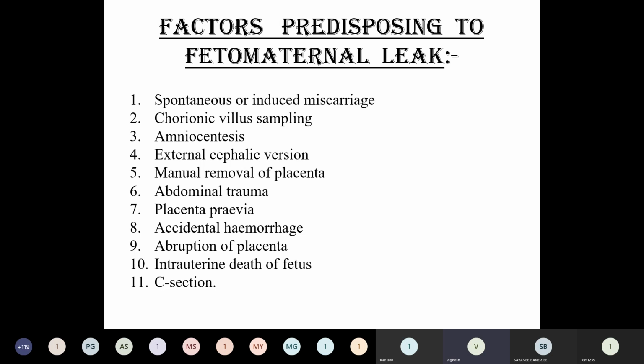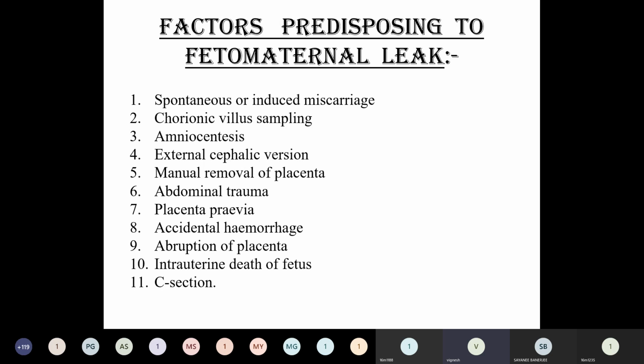In the first trimester, it could be a spontaneous or an induced miscarriage, or a chorionic villus biopsy or sampling, which is done in the first trimester. Amniocentesis, second trimester. External cephalic version, where you convert a podalic presentation into a cephalic, that is a breech into a vertex presentation.